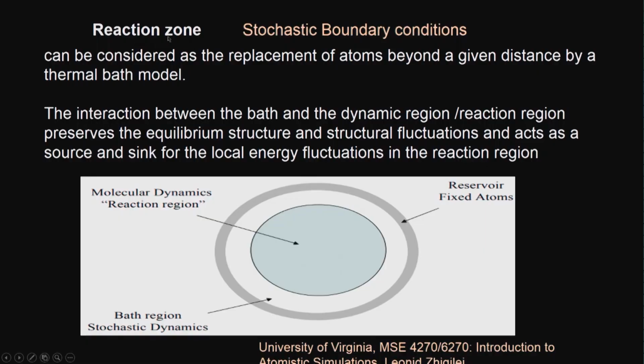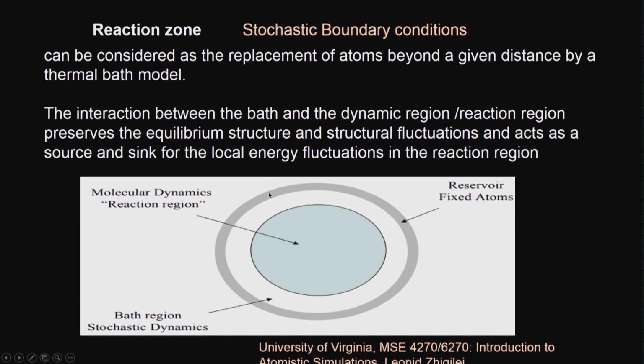I also mentioned the reaction zone, which is another approach by which we can incorporate boundary conditions. The reaction zone can be considered as a replacement of atoms beyond a given distance by a thermal bath model. So we have the reaction region, we have the stochastic dynamics here, and you have a fixed number of atoms here.